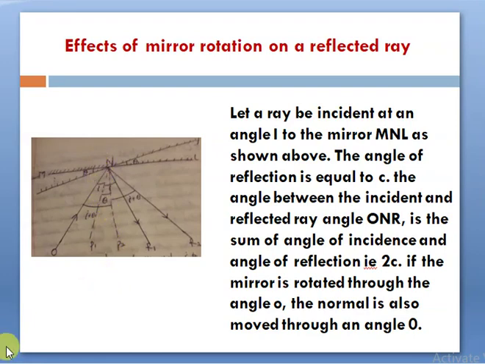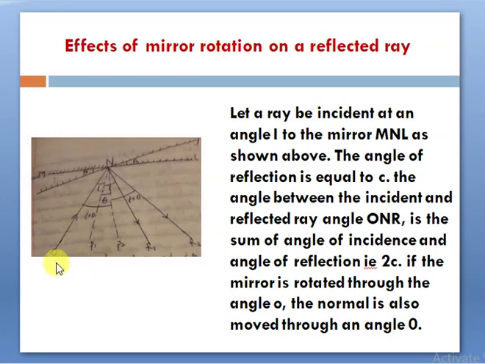But before the rotation, remember our incident ray is fixed, which is your NO. And you have your normal, which is a straight line, NP1. Now, what is the angle of incidence? Remember, angle of incidence is the angle which the incident ray makes with the normal, and that is angle I.